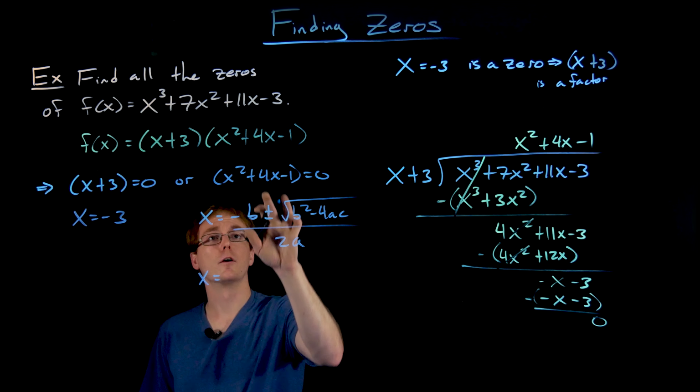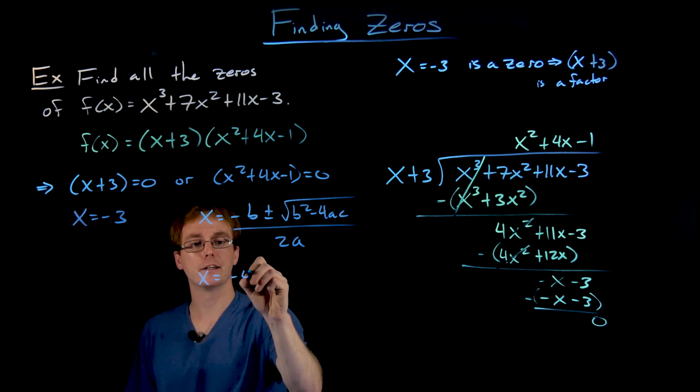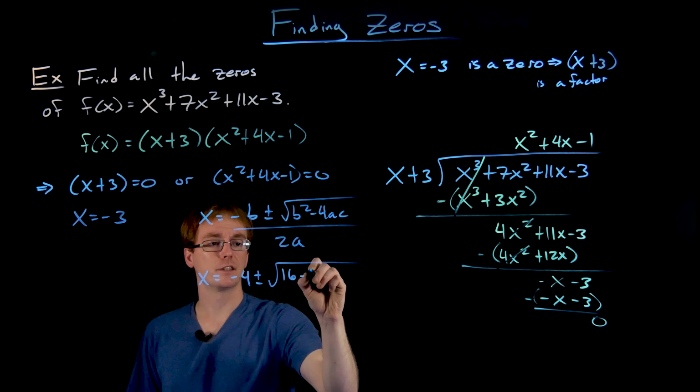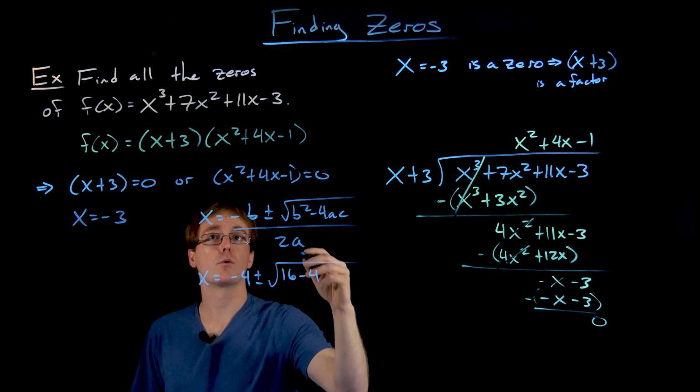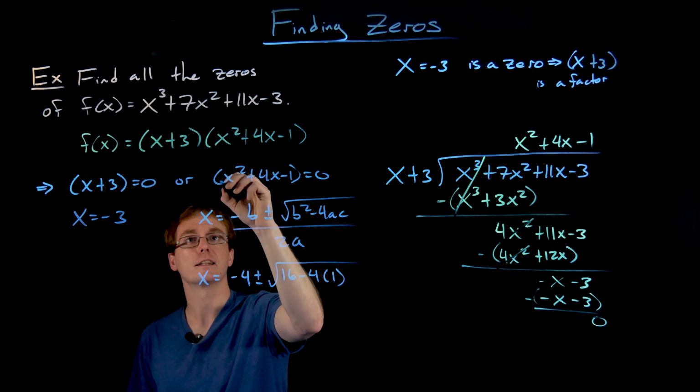So let's see. Our b value is positive 4, so negative b will be negative 4. Our b squared value is 4 squared, or 16. We have to subtract away from that 4 times our a value of 1, right? That's like a 1x squared, even though we don't write that factor of 1. Then we have to multiply that by our c value of negative 1 and divide everything by 2 times our a value of 1, or just 2.